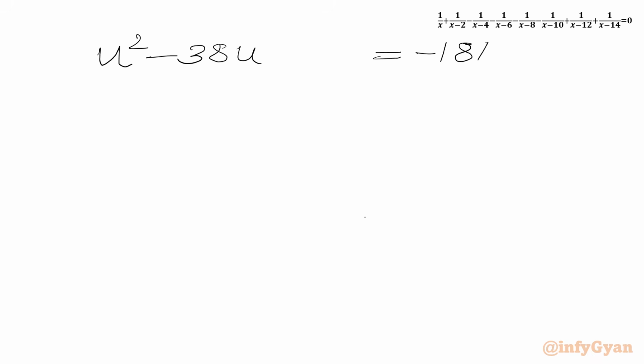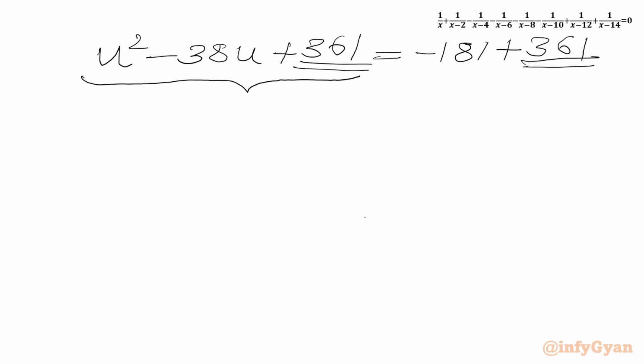Half of minus 38 is minus 19. Square of minus 19 is 361. We will add 361 in LHS, so we have to add 361 in RHS so that LHS will give us one perfect square of (u - 19).